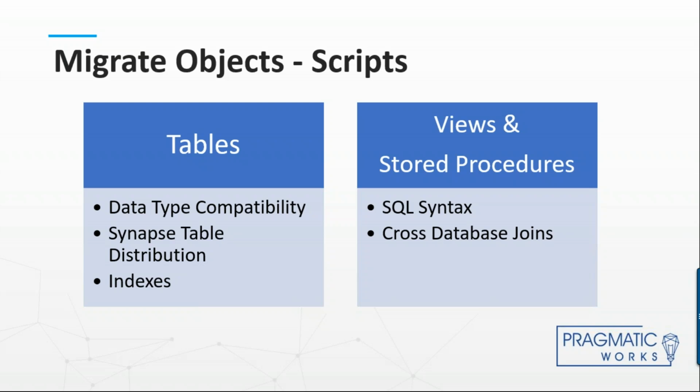If you have stored procedures that are querying data from other tables, from other databases, then the data in those databases may have to be considered in the migration as well, to put it all in one database so that we can avoid those cross-database joins. And of course, as we move the data from other databases into the one database, that will then require changes to the code to not use that cross-database join, but rather refer to a table that's in the database that we're migrating to.